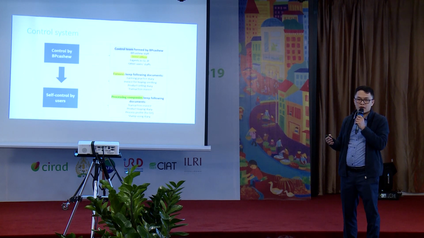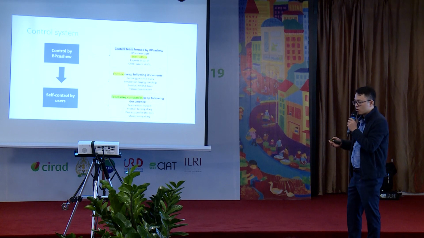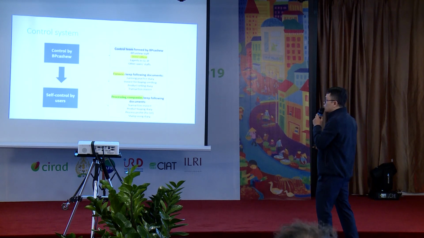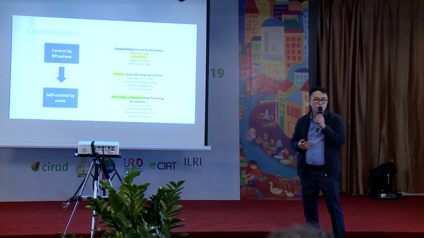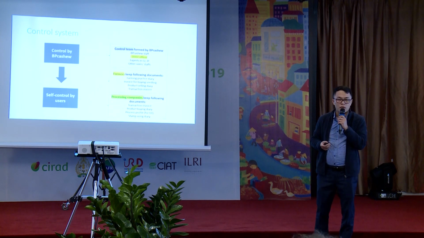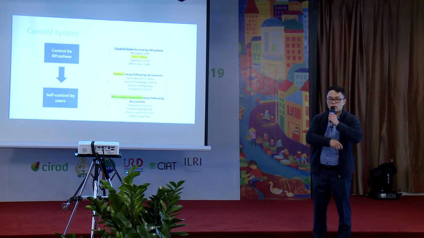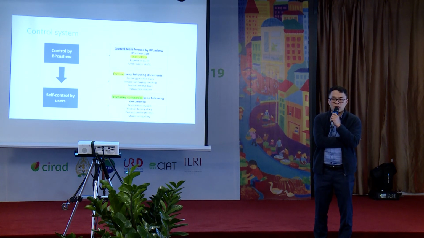That's why we only put two layers of control. Normally in the very classical model, we have three: self-control, internal control and external control. But we found that in some geographical indications in Vietnam, this model really does not work very well.